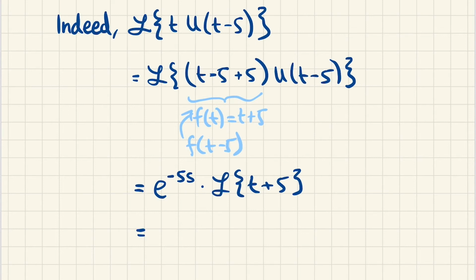That's awesome, because we know how to take the Laplace transform of that. So this is e to the negative 5s multiplied by the Laplace transform of t, which is 1 over s squared, and the Laplace transform of 5, which is 5 over s. Okay, so there we are, final answer.